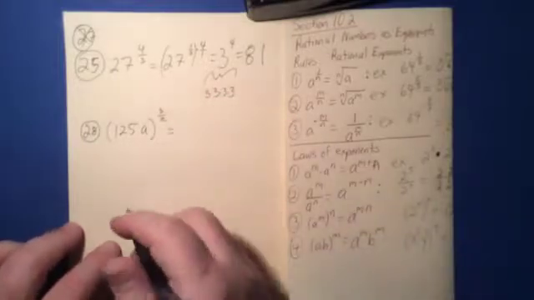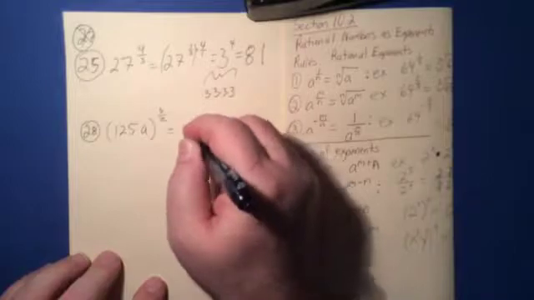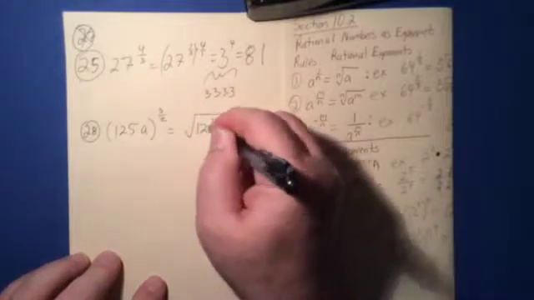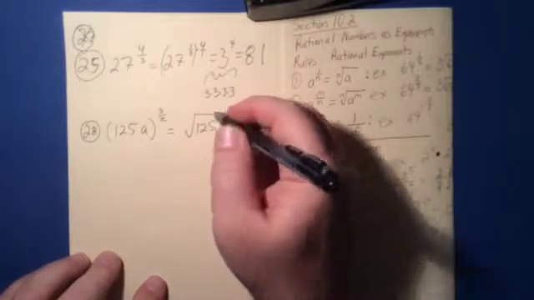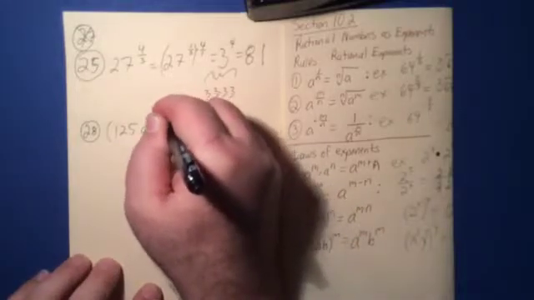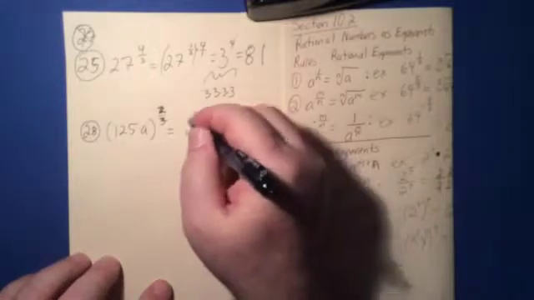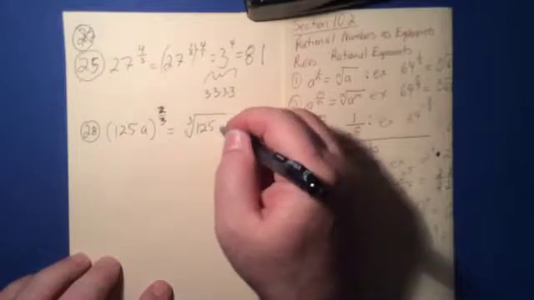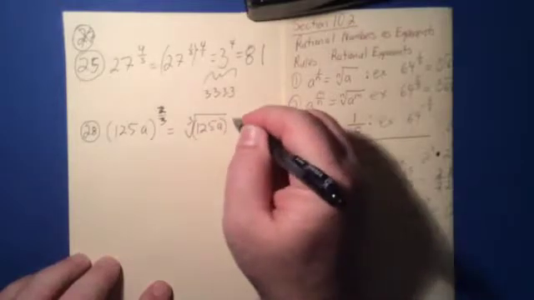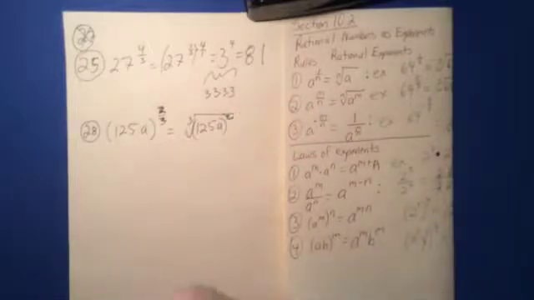This is where it might actually help to use radical notation. Sorry, this is not 125a to the 3/2, this is 125a to the 2/3. So it's going to be a cube root of 125a, this quantity squared.